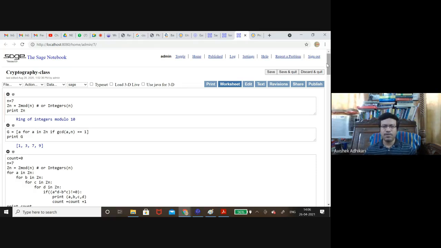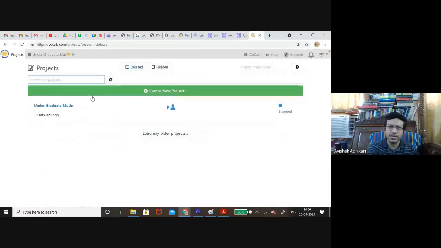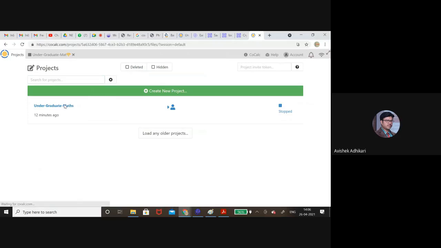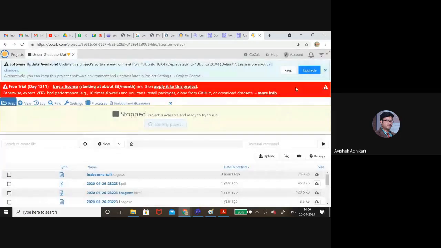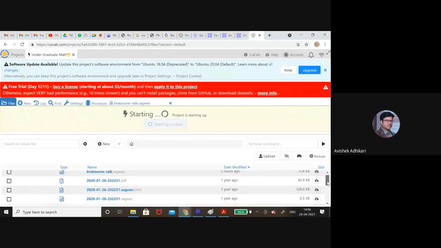Please try to install this, from your laptop or your desktop. From your mobile you have to use something like CoCalc, which, as you can understand, would be quite slow. It depends on your mobile and on your internet speed as well.